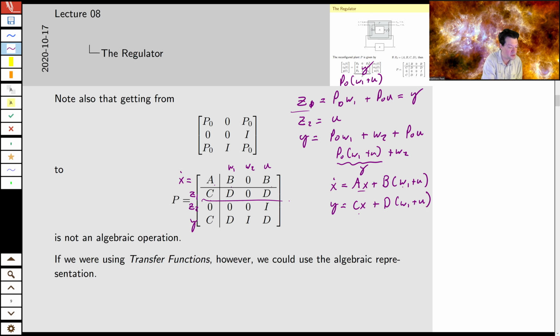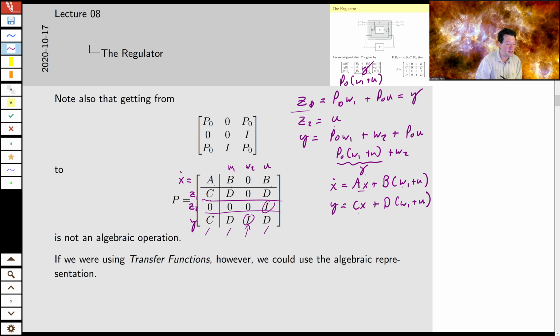So that's the first equation. Z2, well, that's just U, so we have a direct feed-through term here. The third equation is the signal Y plus W2. So it's the same as the first equation here, Cx plus D W1 plus D U, and then we add W2 to it, and so that comes in right there.